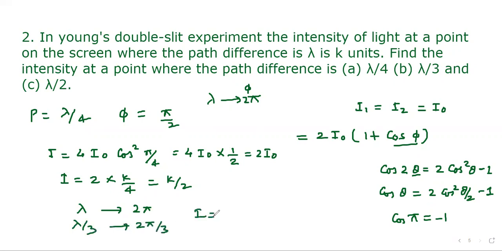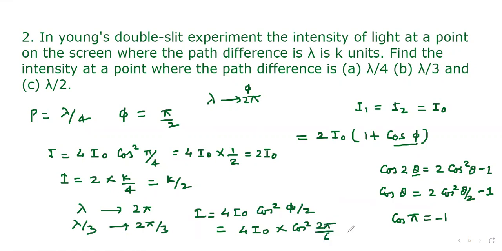Now intensity equal to 4 I0 times cos square phi by 2. So we put the values, 4 I0 times cos square, and phi is 2 pi by 3, so 2 pi by 6 or pi by 3.